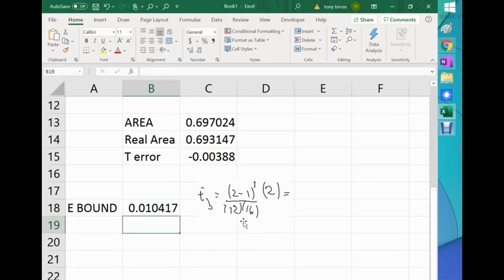And definitely we know that we are way below that error. I mean, the error that we got, the truncation error, is negative 0.03. So this value here of 0.01 for me doesn't make much sense.